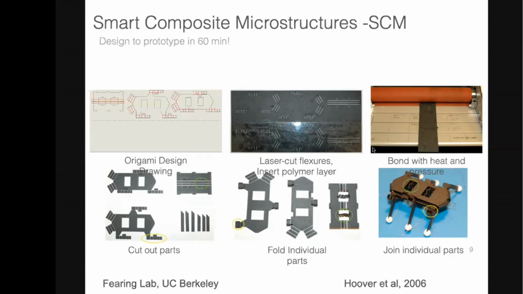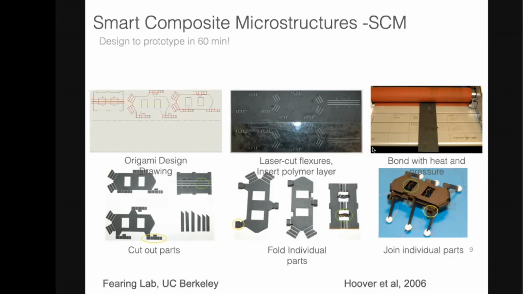One of the earliest techniques used to bring origami-based approaches into robot modeling was the smart composite microstructures approach, which I mentioned was partially inspired by looking at animal structures and exoskeletal structures.